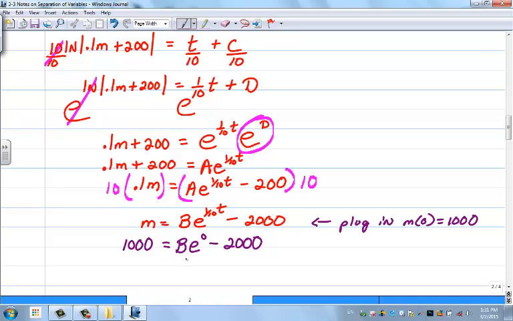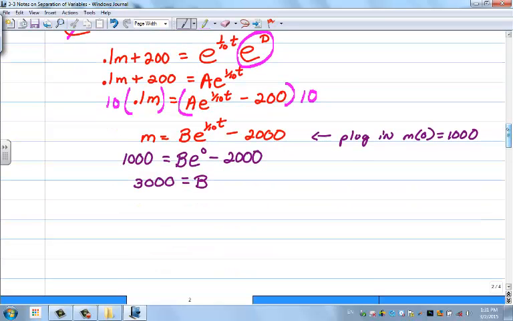So when you replace the e to the 0 with a 1 and you add 2,000 to the other side, you get 3,000 equals b. So the final answer to this differential equation, again, we take this piece, we take this piece, and the 3,000 equals b.